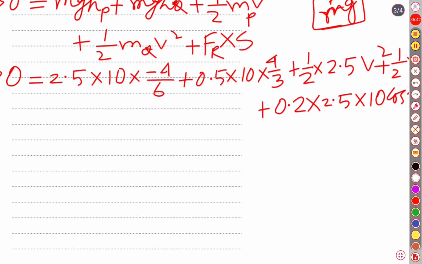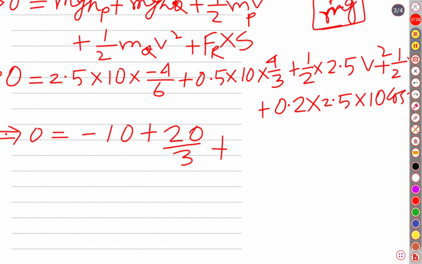So left side is our 0 is equal to, if you calculate here, it is going to be 25, and negative 60, so negative 10. Then it is going to be 40, so 5, 20 over 3, sorry, there is a 3.